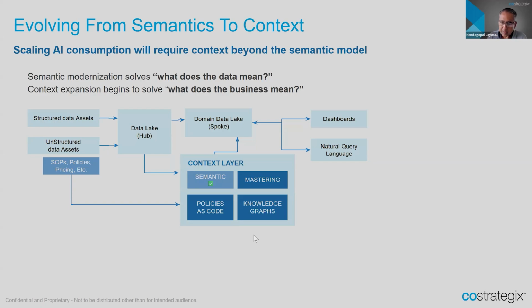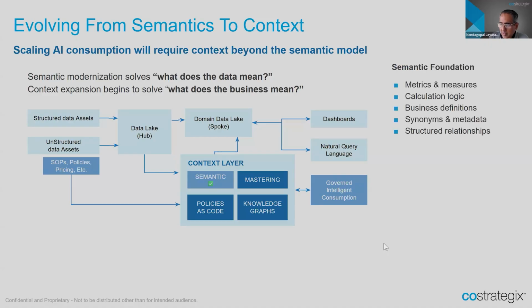It injects the context where it's required, not just with natural query language, but also any governed intelligent consumption. Really a more complex name for agents, right? When they are querying, you can inject that context layer and take it from there.